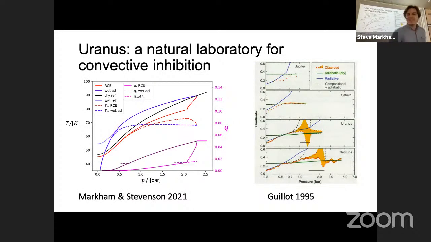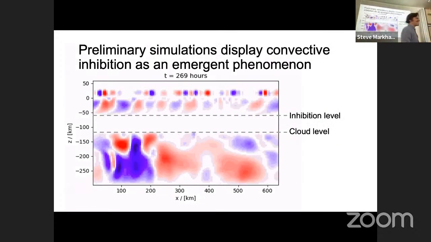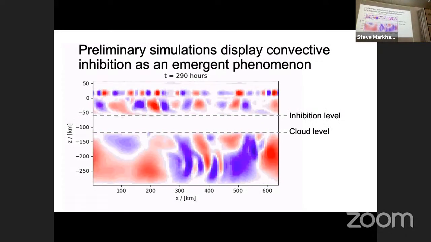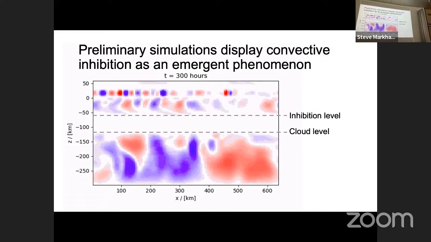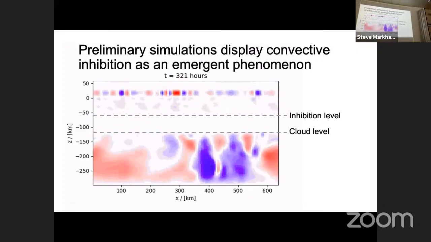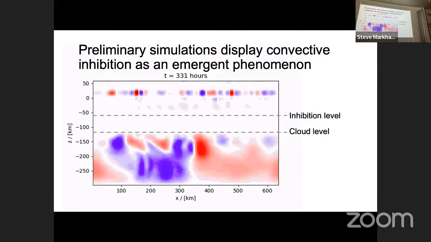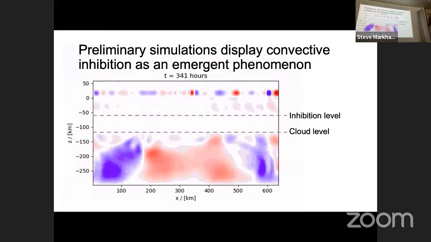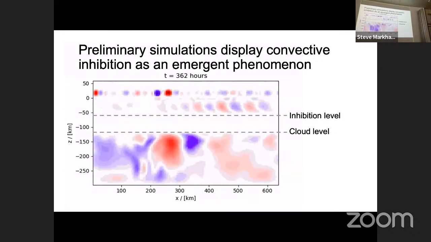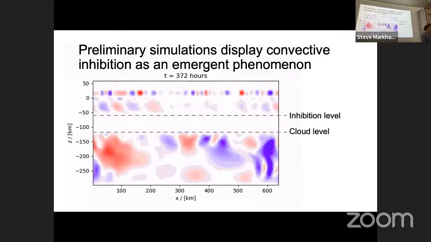So yeah, this is preliminary work, and this is an open question. There have been some, like Jim Friedson, who have suggested that you have this stable layer, but it can be eroded by entrainment, and under certain conditions may eventually become too thin and therefore susceptible to overturning convection.